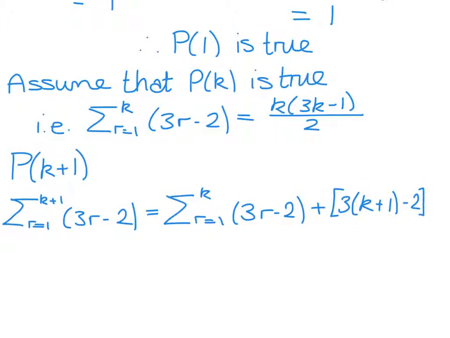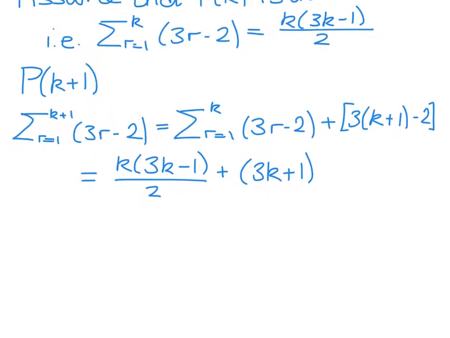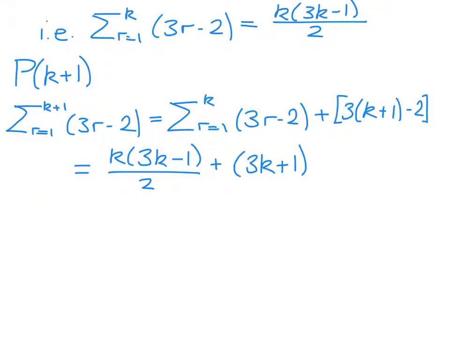Our assumption then tells us what this summation equals. So we know that this actually equals k times 3k minus 1 divided by 2. And then if we add on the simplified version of this bracket, we're adding 3k plus 1. Let's simplify this further.